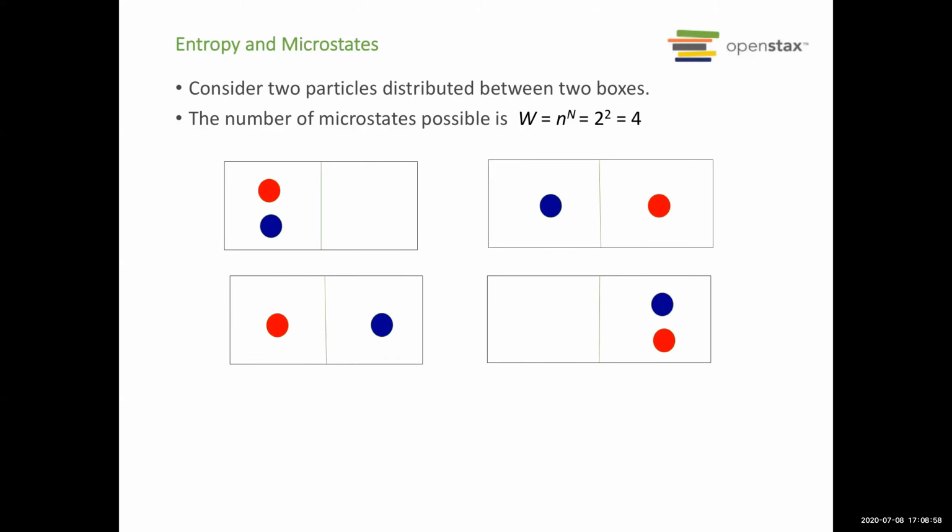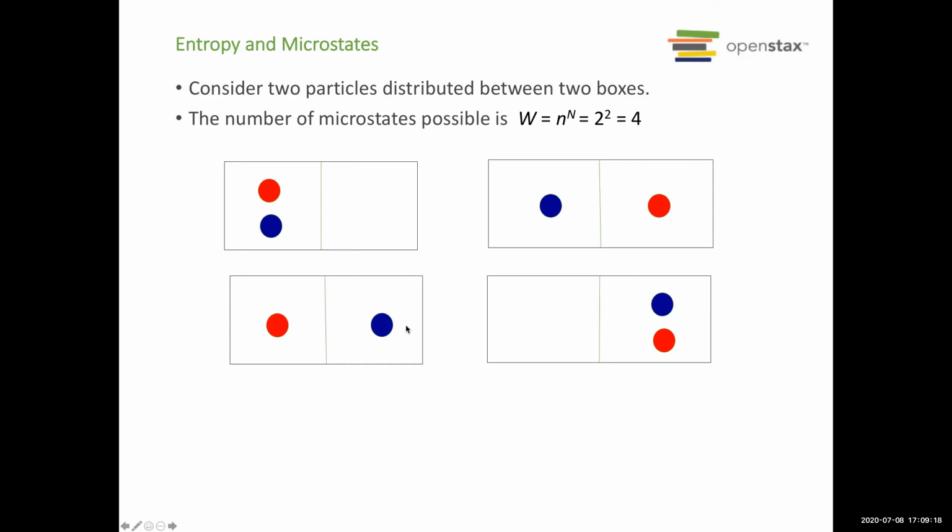So here are the 4 microstates. We have 2 particles in the left box. That's 1 microstate. We have 2 particles in the right box. It's another microstate.